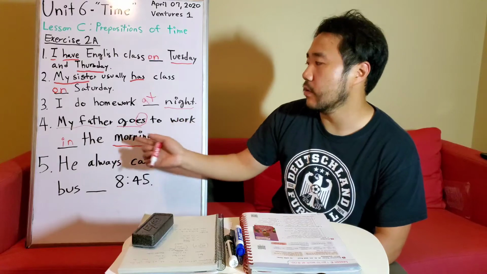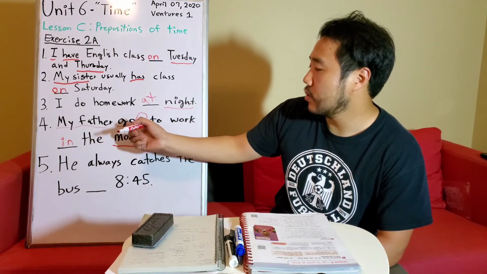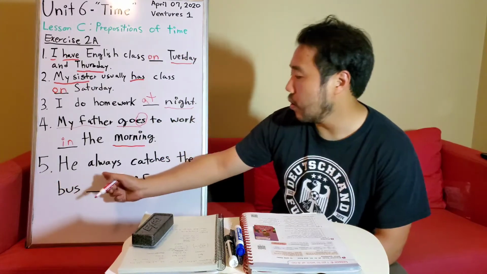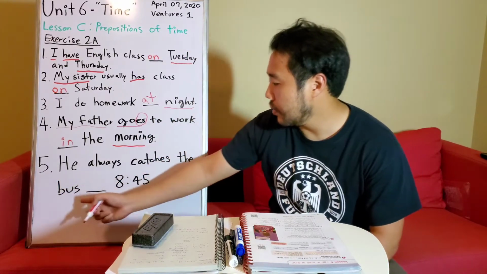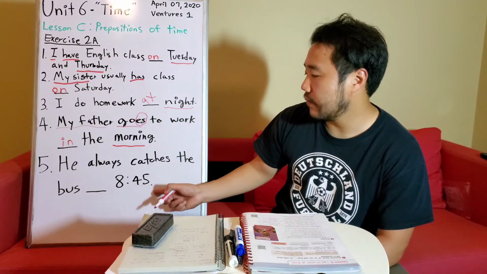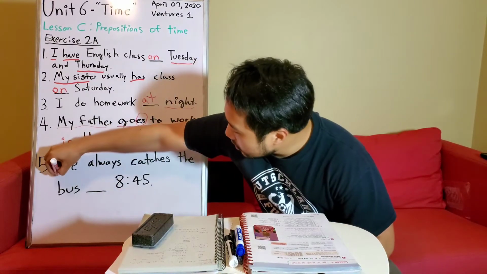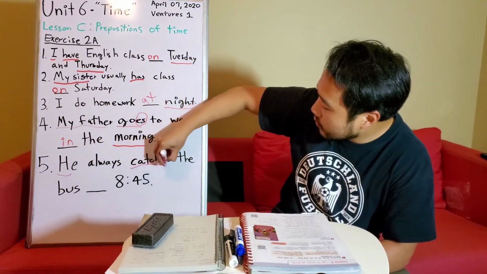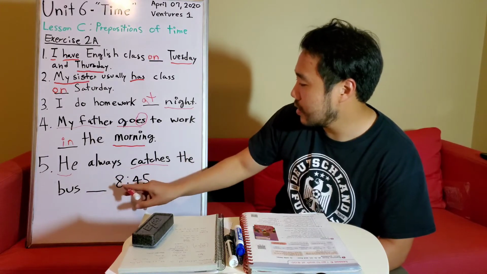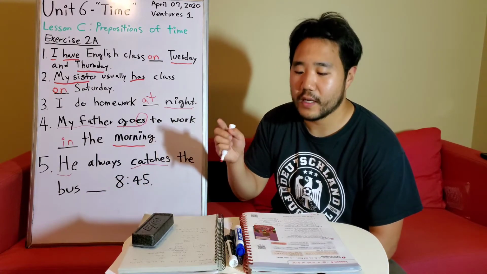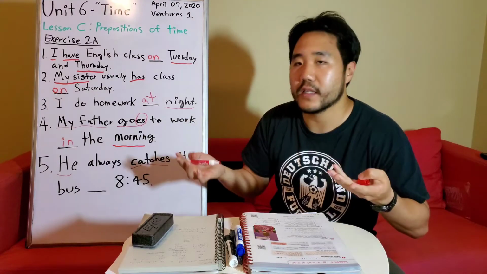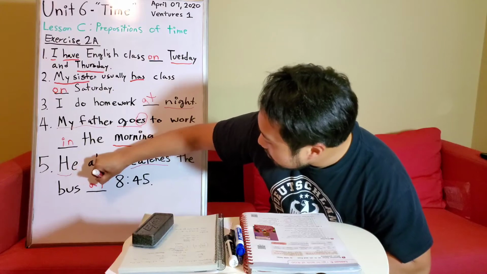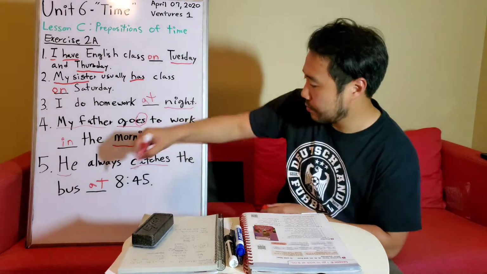He goes to work in the morning. So that's why we have goes instead of go. Number 5, he always catches the bus, blank, 8:45. There's a he, always catches, so a verb with an S, the bus, 8:45. So any specific time or definite time, you have to use at. Because there's a time.